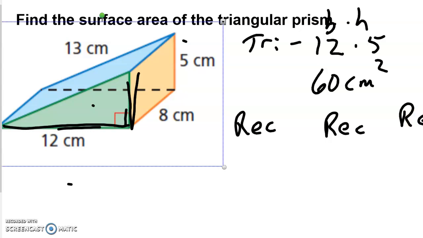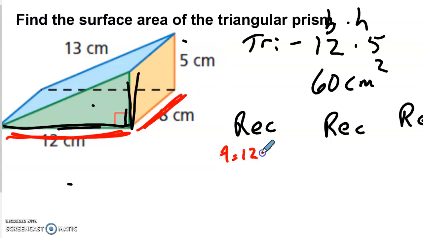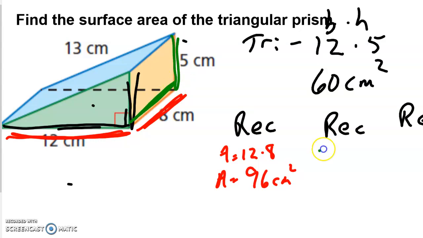Okay, let's talk about the first one. Probably always easy for me to do the bottom, so that means this by this. So that means 12 by 8. So the bottom rectangle is 96 centimeters squared. Okay, change color here. I can go this way, which is going to be 5 by 8.